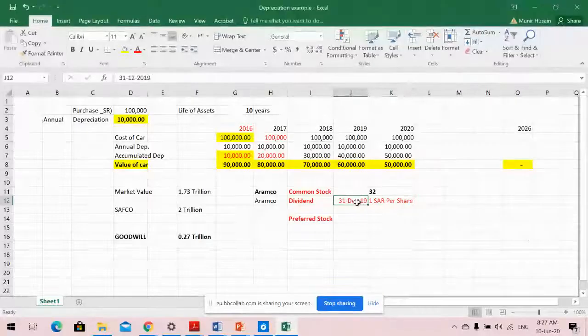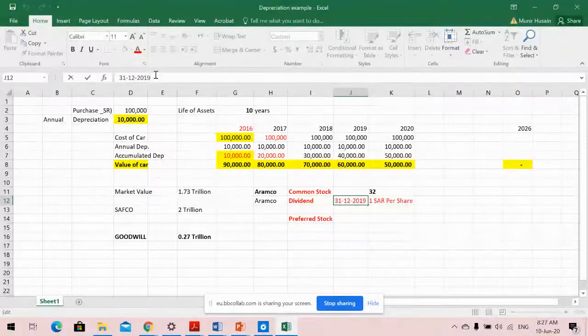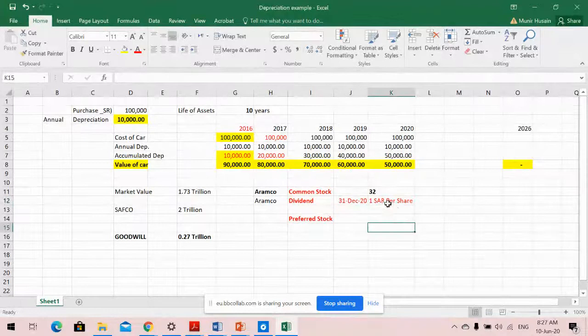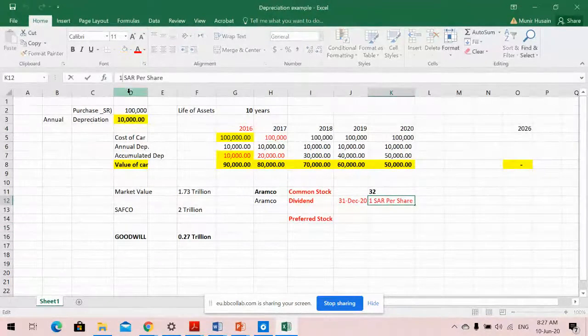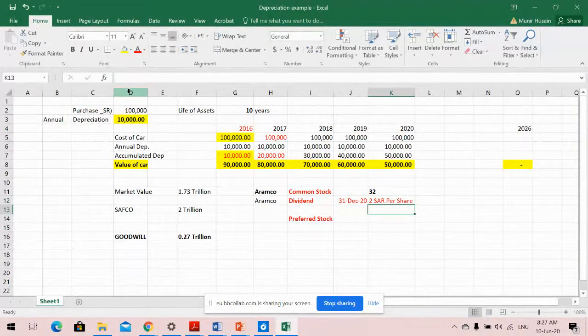This is in 2019. Maybe end of 2020, I'm not sure. Let's say they gave a dividend of, instead of one, maybe 2 reals per share. It depends, it could be different, right?